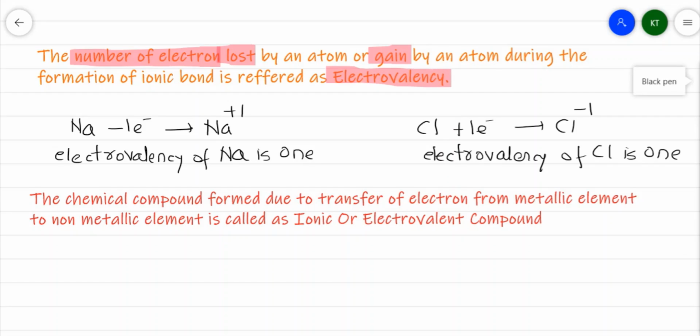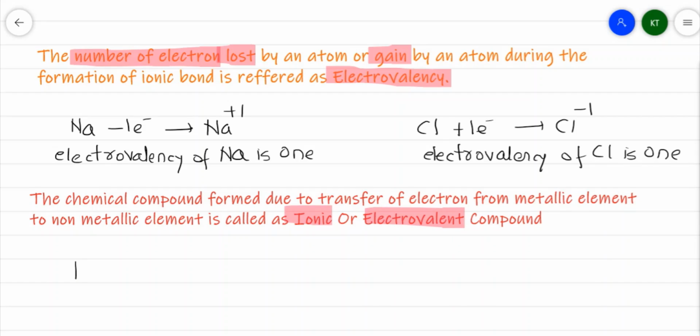Now, the compound which has been formed by transfer of electron from a metallic to a non-metallic element is generally referred to as an ionic compound, or it's also called an electrovalent compound.